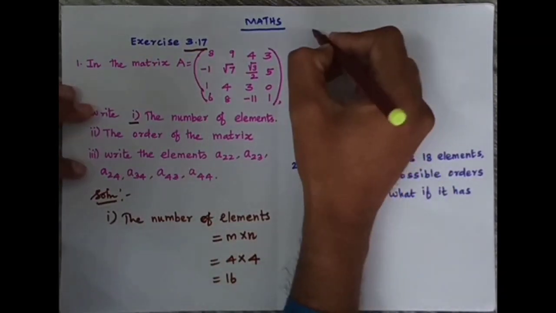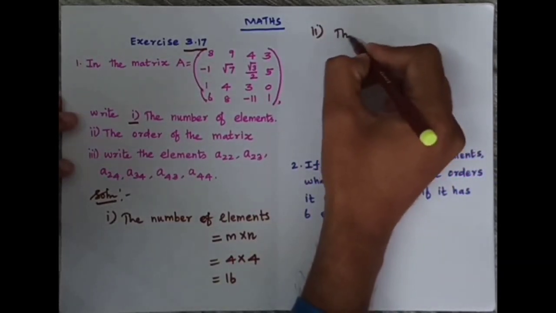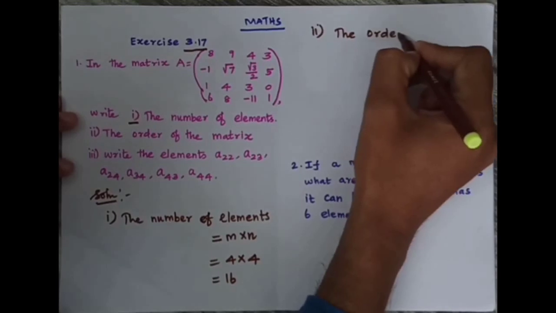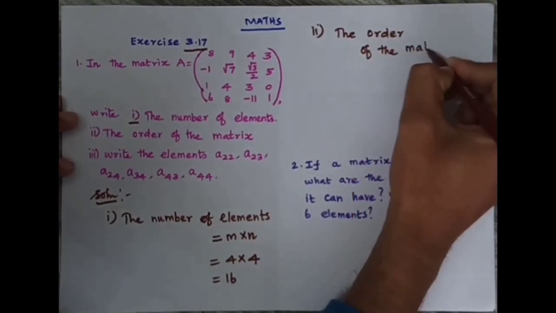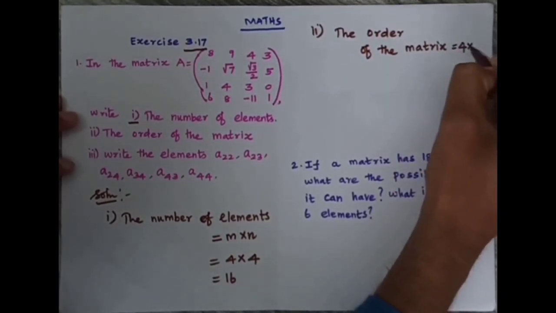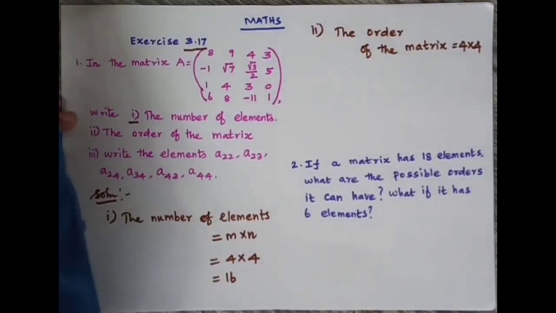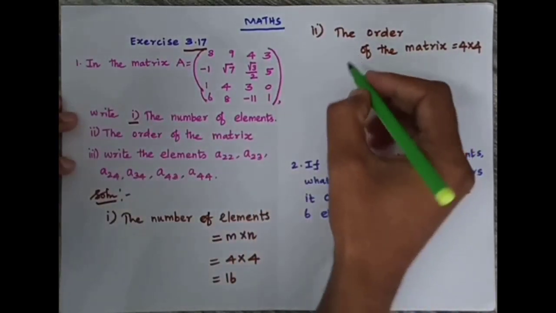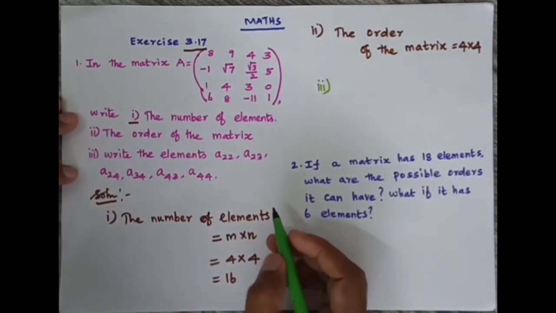The second one is the order of the matrix, which is 4 cross 4 or 4 by 4. The third one, write the elements.